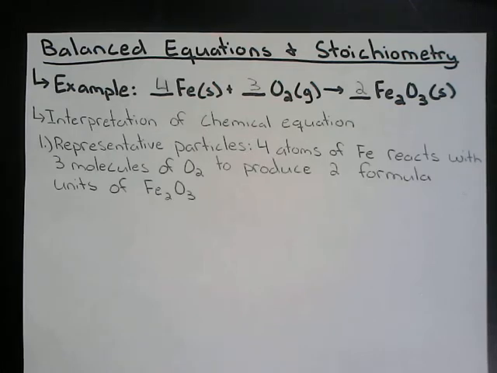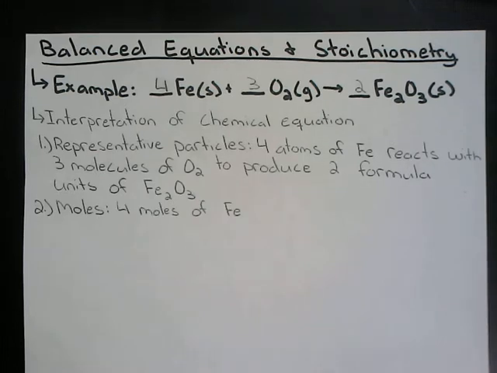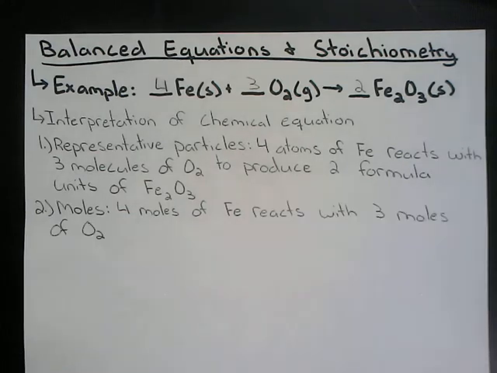Now, we can also interpret this chemical equation in terms of moles. If we interpret it in terms of moles, we have 4 moles of iron reacting with 3 moles of oxygen to produce 2 moles of iron 3 oxide.